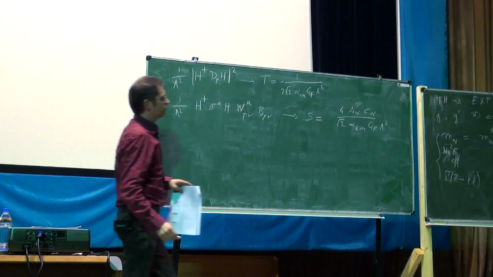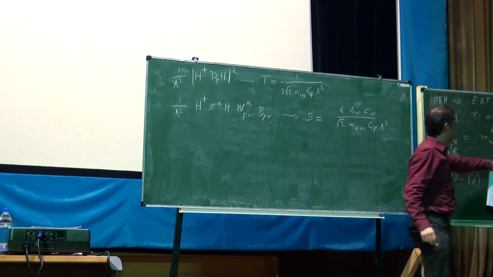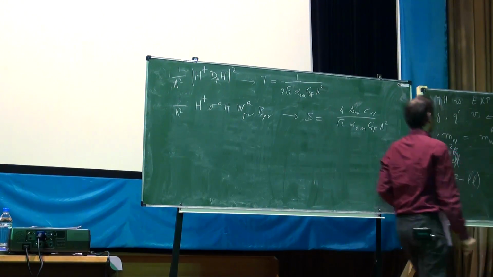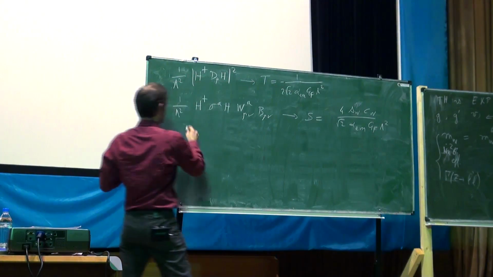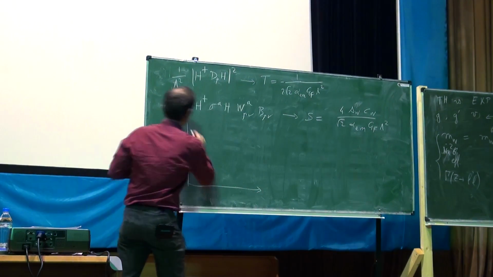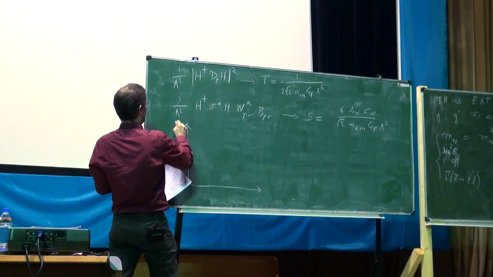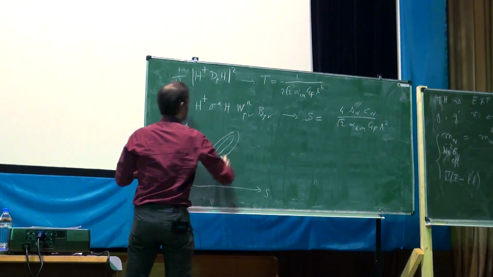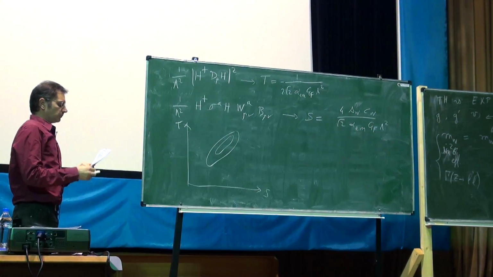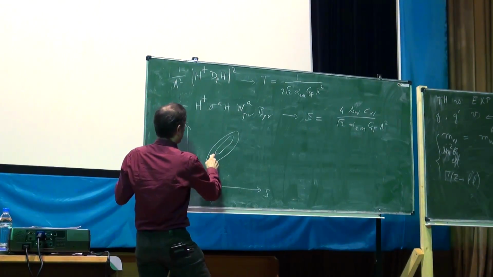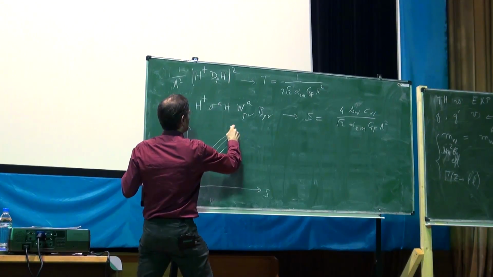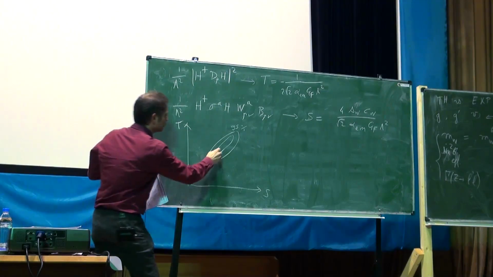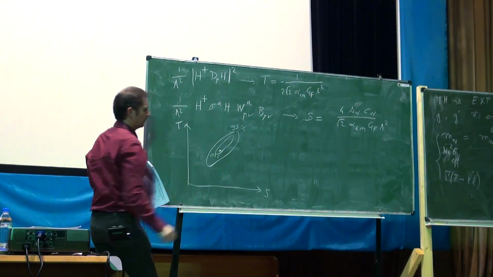Now you can trust your experimentalist friends. They are translating all their data in terms of constraints on these parameters. So for instance, there is a famous plot that shows you this T and S, and there are those famous ellipses here. So this is 68% confidence level. This is 95% confidence level. They are telling you that the standard model is sitting somewhere here.